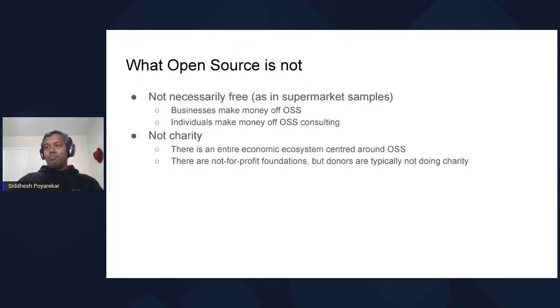So businesses that usually do that will have some value add, which makes the software bits themselves not as critical to their business value as is the rest of the ecosystem. So it's not free as in supermarket samples, but it is free as in freedom, in the sense that you're allowed to do whatever you want with it.